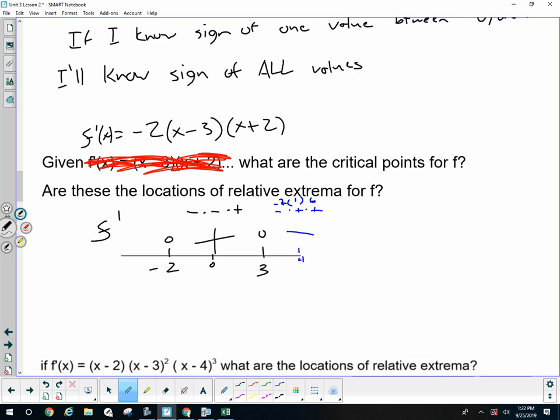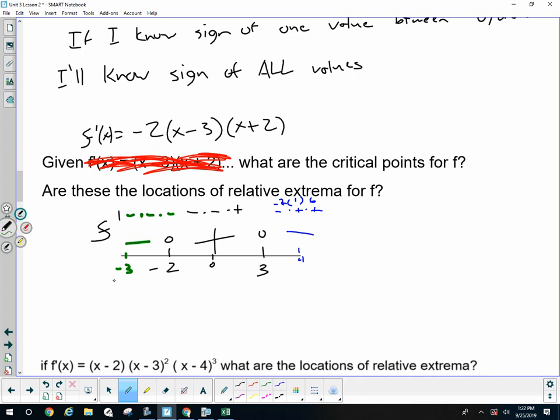Positive. If I plug in -3, I got -2 times (-3 minus 3). That's a negative, times (-3 plus 2). That's also a negative. Negative times a negative is a positive, times a negative is a negative.